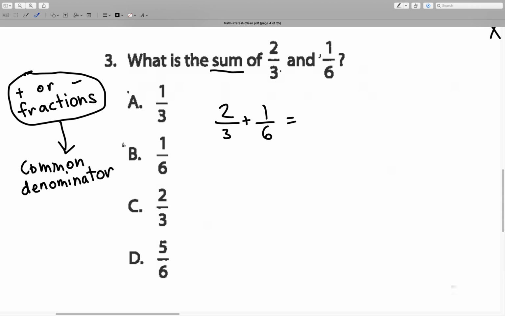Right, exactly, okay? So the sum of 2/3 and 1/6, you're adding or subtracting fractions. You look for the what? Common denominator. What do you look for when you're adding or subtracting fractions? What do you look for? Common denominator. Repeat that to yourself every time and you'll easily remember that, okay? We're adding fractions right here, right? So we look for the common denominator, okay?